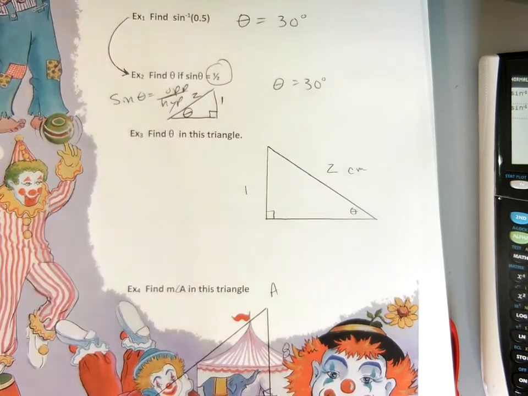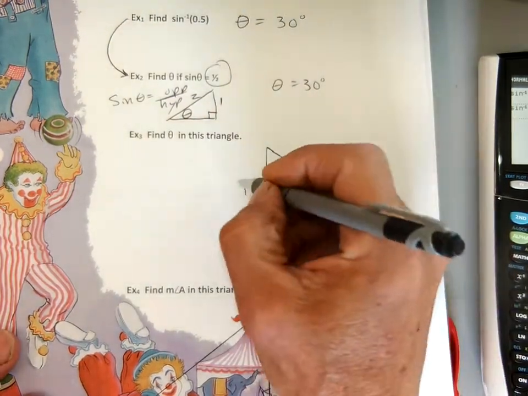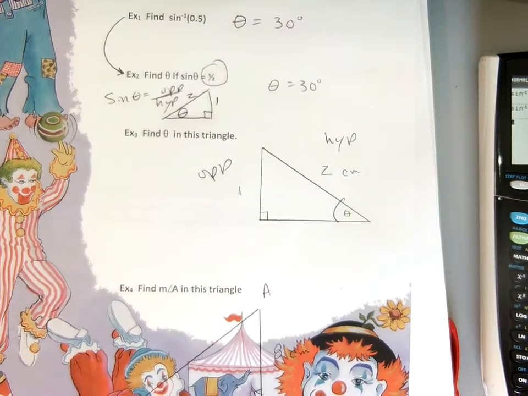So then example 3 is the exact same question, isn't it? Look at example 3. You have some angle here that has an opposite side of 1 and a hypotenuse of 2. The angle has to be 30 degrees.